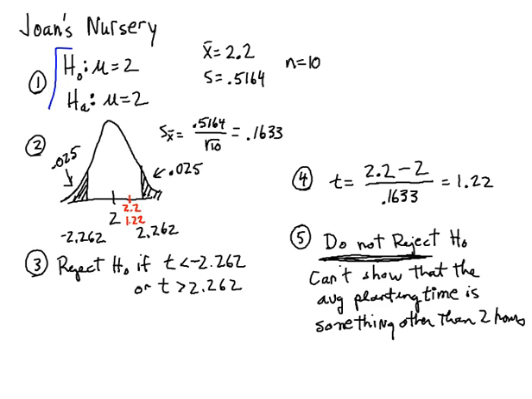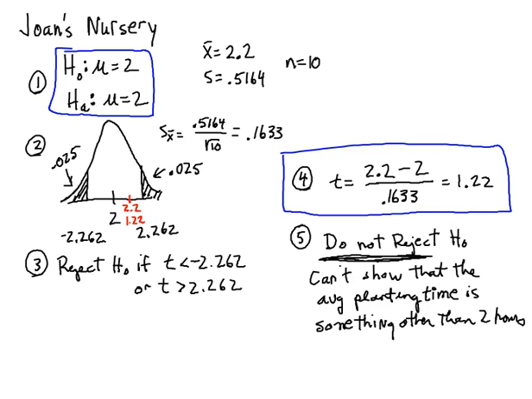Well, first of all, I would set up the null hypothesis the same way, and I would calculate the test statistic, 1.22 for my sample estimate of 2.2, and then I would try to determine, well, first of all, I would start with that 1.22, indicating that I'm a little bit too close to the center or the hypothesized average to get a rejection.